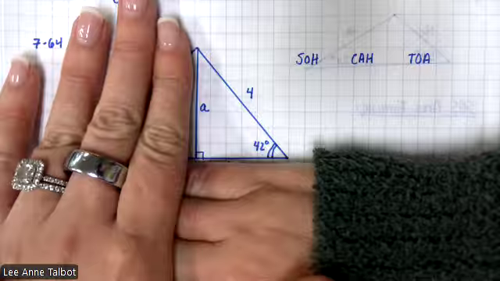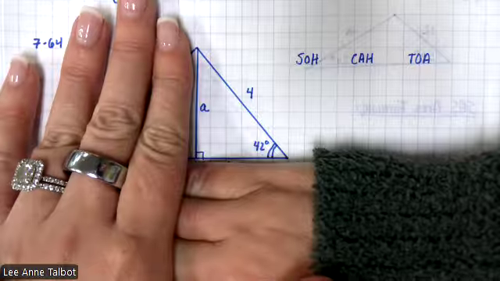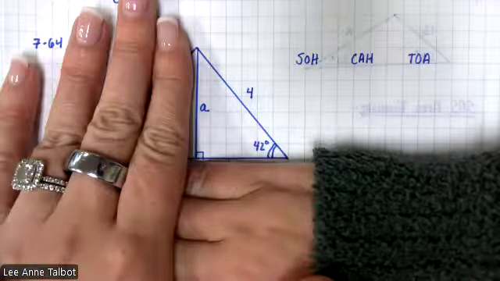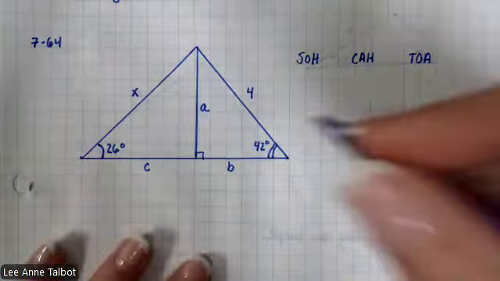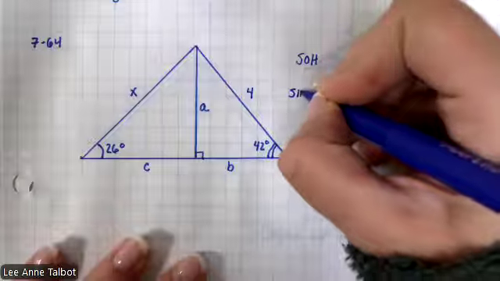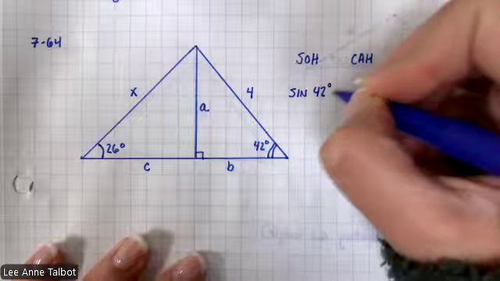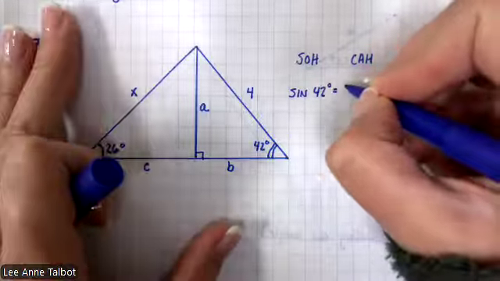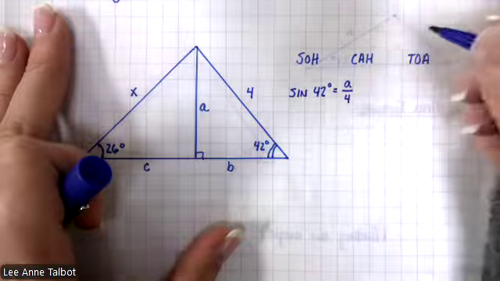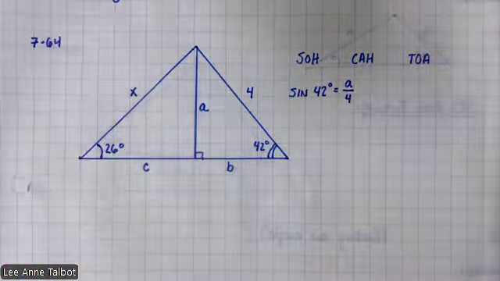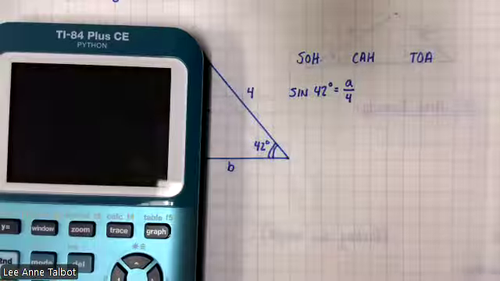It's sine. Can you tell opposite and hypotenuse? Can you see it? Okay, so right here, sine 42 degrees equals opposite over hypotenuse.